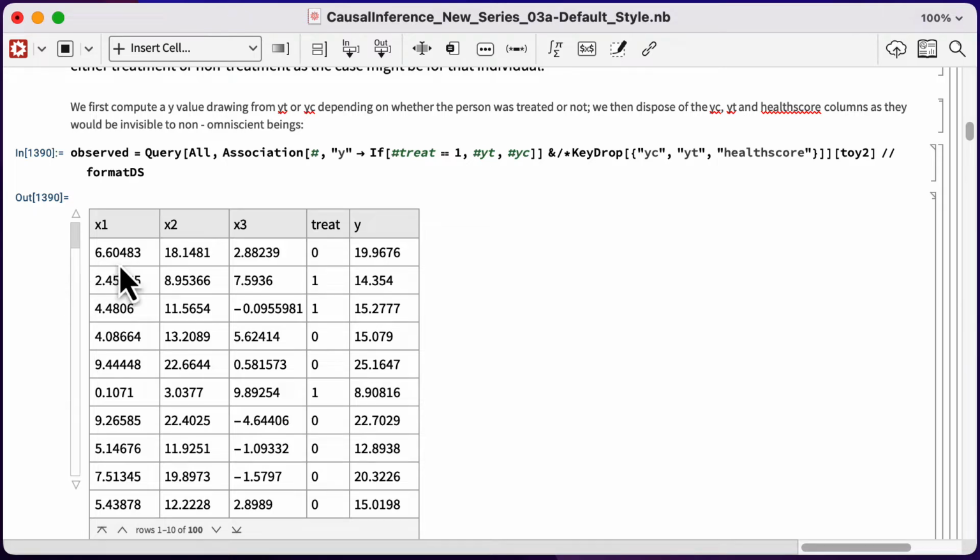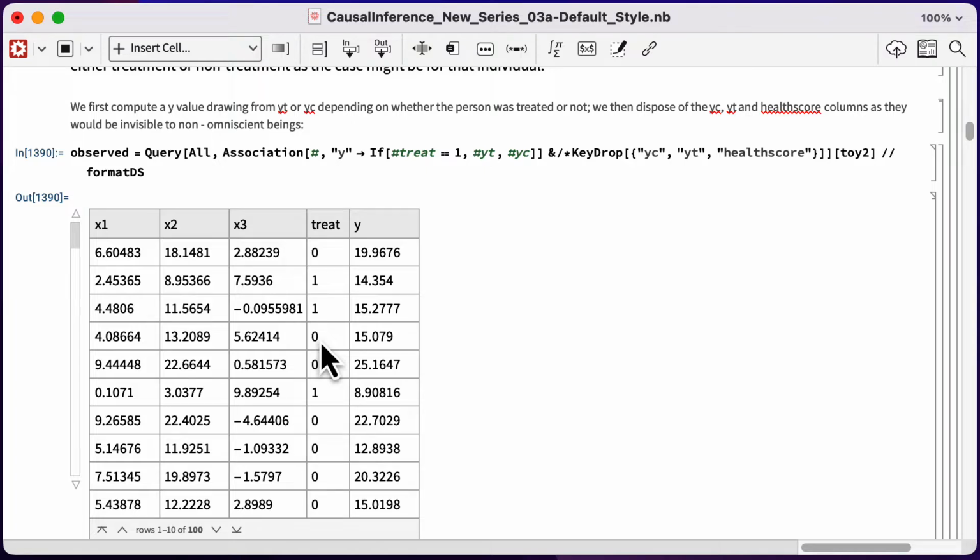We see whether or not they got treatment and what their outcome was in that case. We don't see, for example, for this person, what would have happened if they did receive treatment, what their Y value would be. This is the real world, and we just see what their outcome was for this person when they received treatment, for this person when they received treatment, for this person when they didn't.